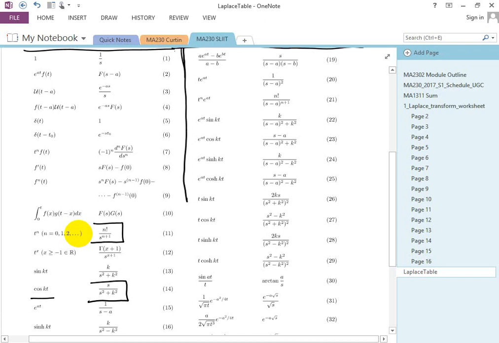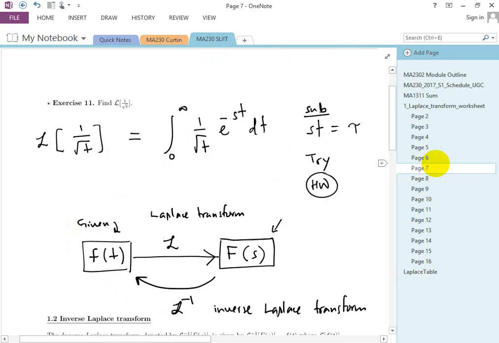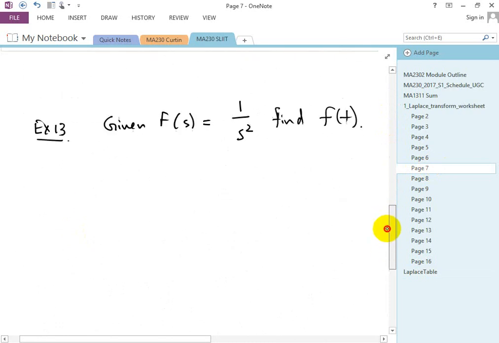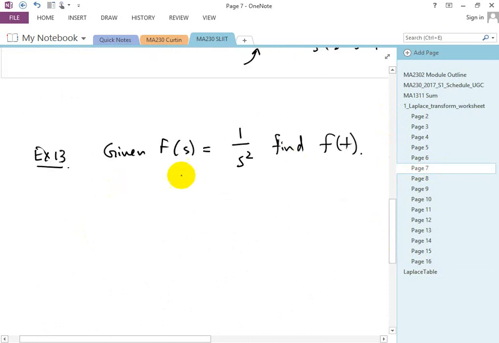Okay. So all you have to do, write this as, so f of t is simply t. So this is from table. Okay.